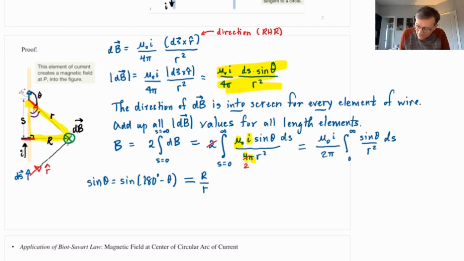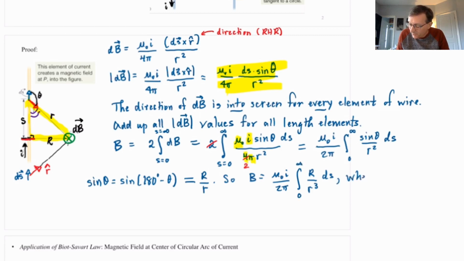If I use that result in my expression for B, I have mu 0 I over 2 pi integral of, okay, sine theta becomes big R over little r, and I already have a little r squared downstairs. So now my expression looks like that. But then I need to realize, again from the picture, that the distance little r is, from Pythagoras, the square root of big R squared plus s squared.